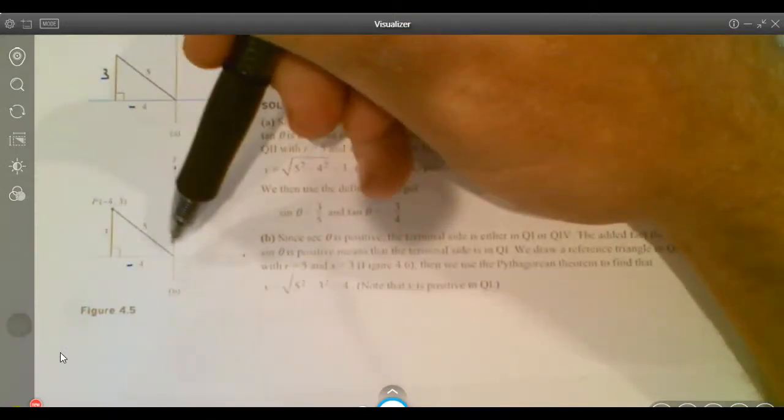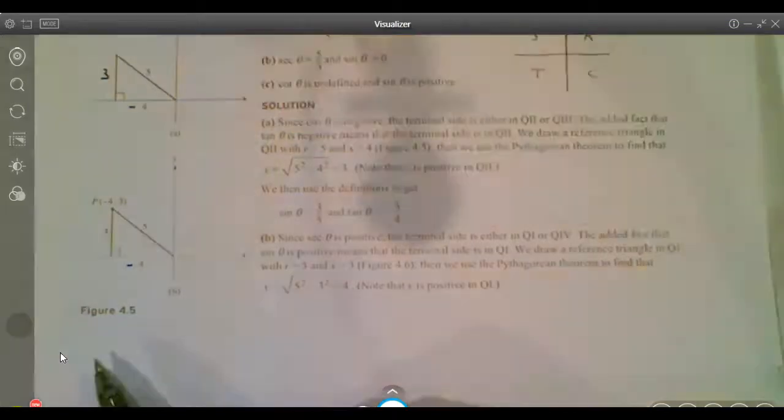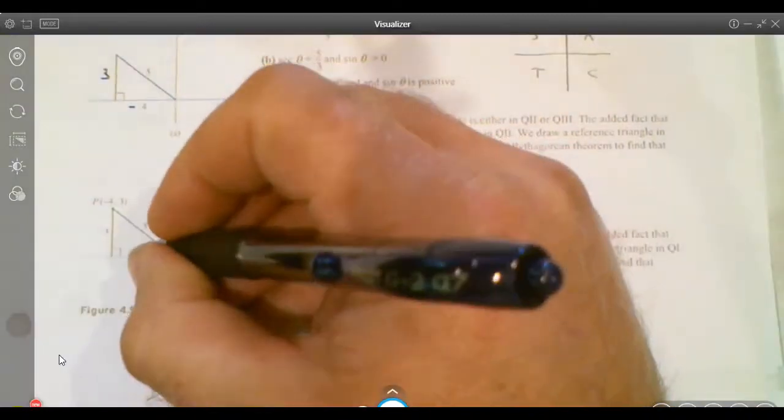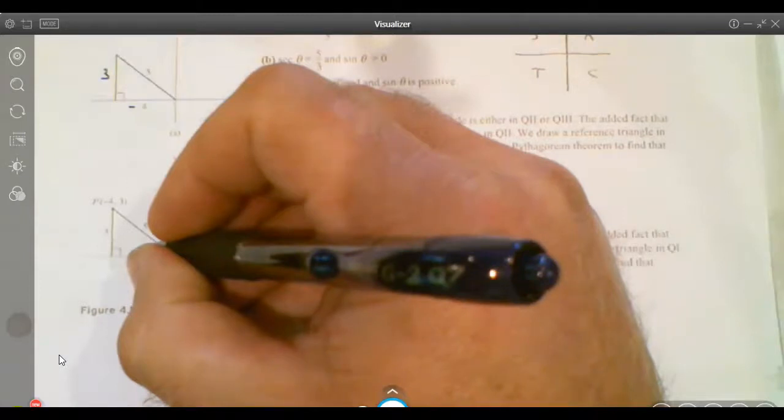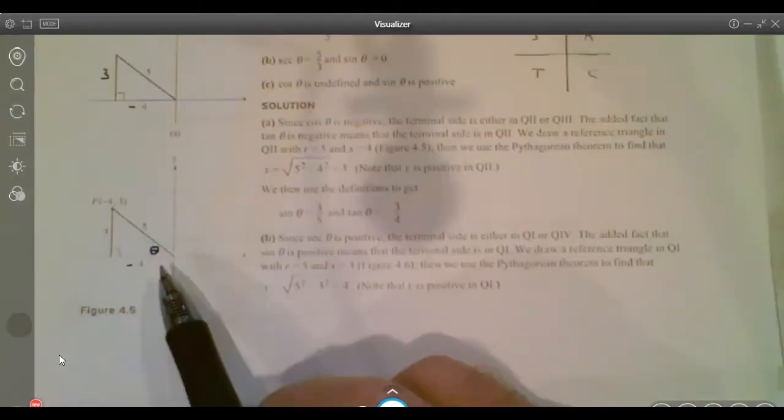So now if I wanted to start finding points on this guy, the things like sine, cosine, all that type of stuff, I see all the relationship of these numbers. So here was our reference angle, theta, right? I can find things like sine, which is what they're asking me to do for this. They want me to find sine and tangent.